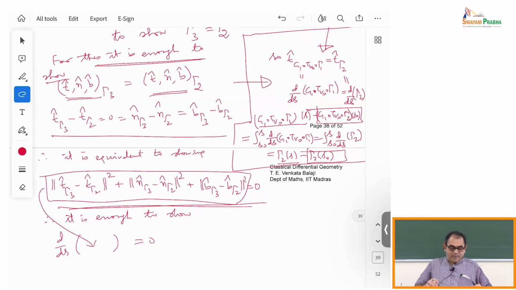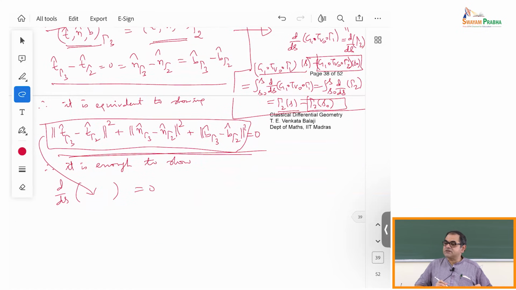But you see what is d by ds of that, since at s naught the value is 0 because of the initial conditions. Norm v squared is v dot v. So you use that.